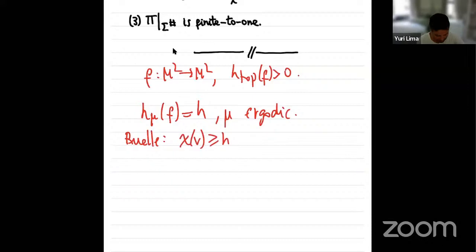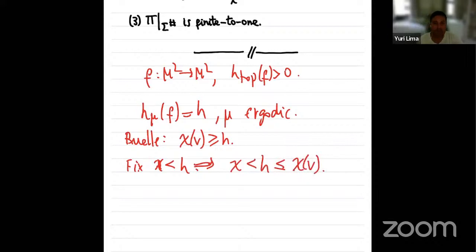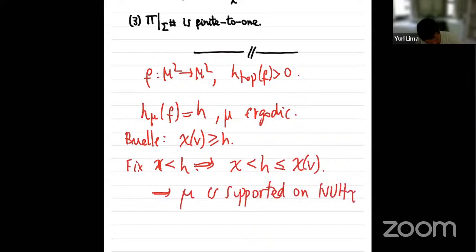So if you want to understand this entropy, you just need to fix a parameter chi smaller than h, than the entropy that you are interested in. Because then chi is smaller than h, which is smaller than or equal to the Lyapunov exponents that you see. Then mu will be supported on NUH chi with this chi.